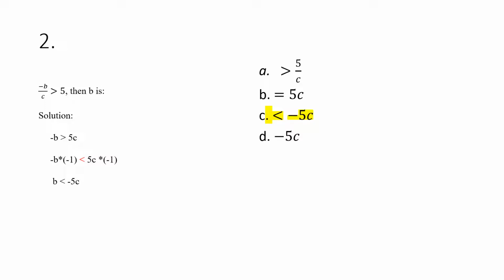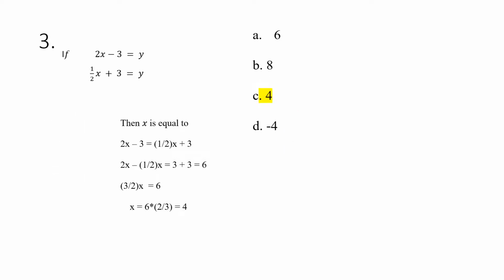giving us a final answer that b is less than -5c. For number 3, if we're given two expressions, 2x minus 3 is equal to y and 1/2 x plus 3 is y, this gives us the basis for having the equation 2x minus 3 is equal to 1/2 x plus 3.